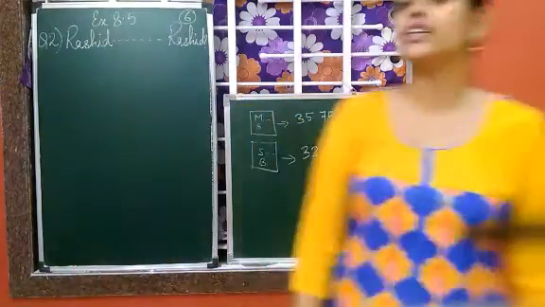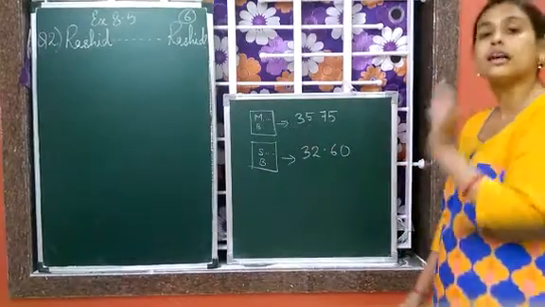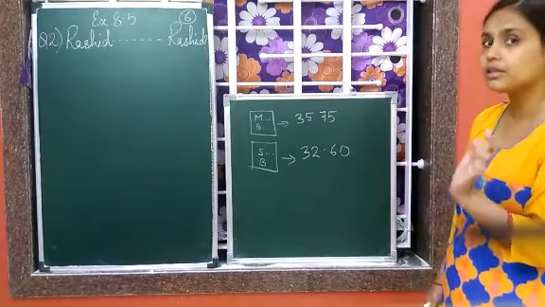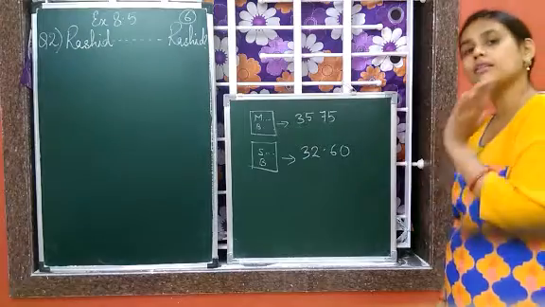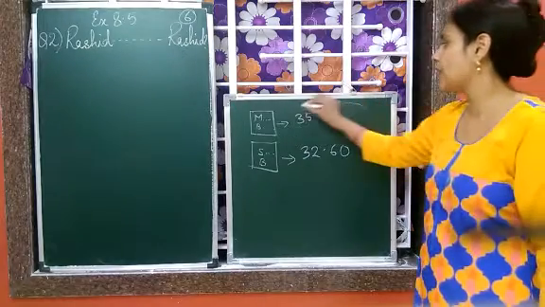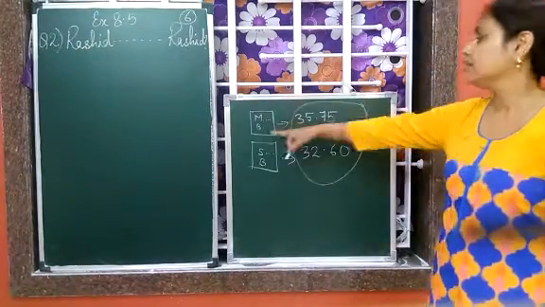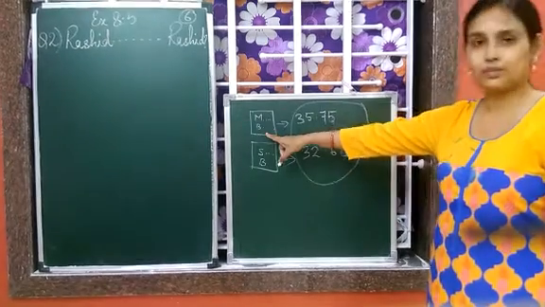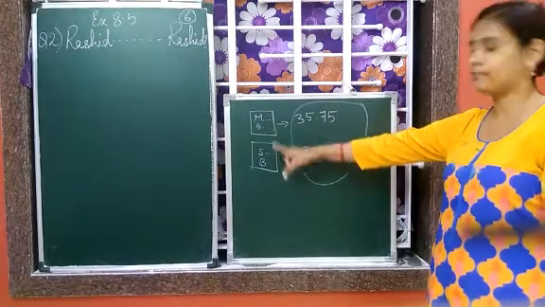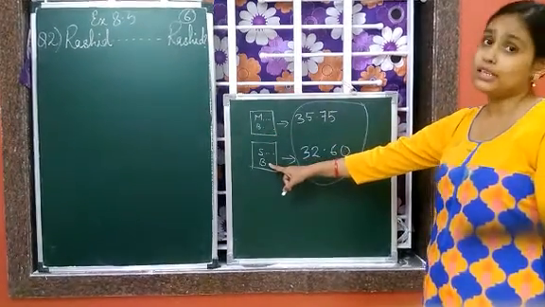So what is the keyword in the question? Total amount. Now total means sum. Sum means plus. So here we are going to add the amount of the maths book, that is money spent on the maths book and money spent on the science book.